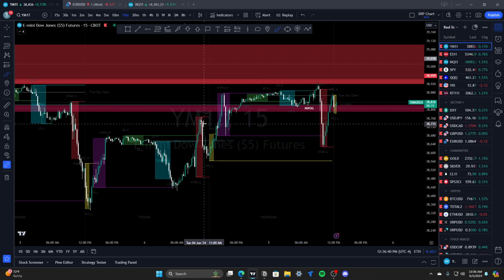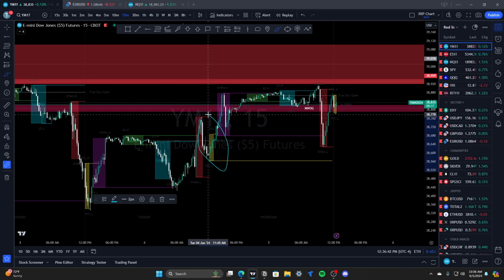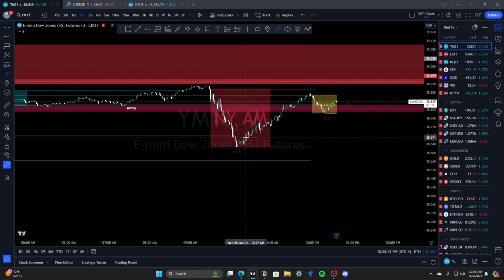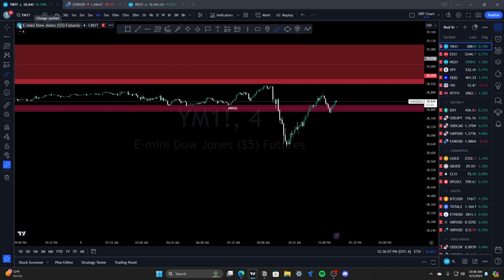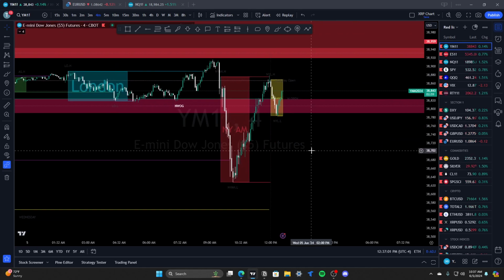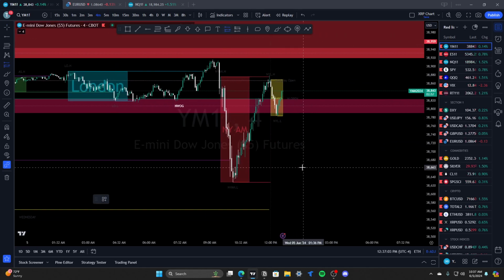Super obvious because of this, what I would call an order block. And yeah, I got in here somewhere, pretty heavy, and was able to scale out above 3R. So if you look here, I'm not sure exactly where I got in.